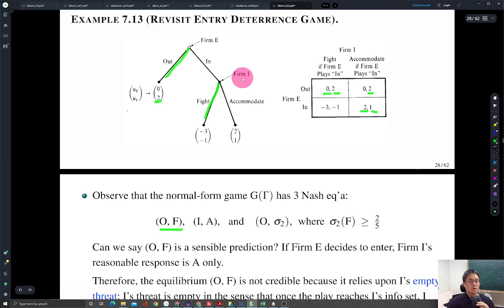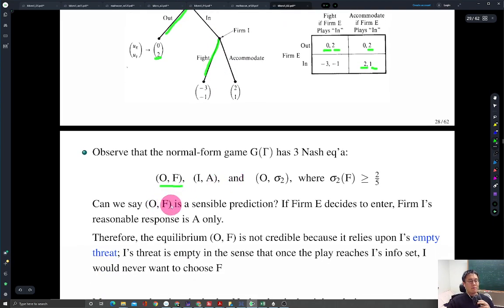But if we observe the entrant enter the market, then now he is willing to revise his strategy from fight to accommodate, because accommodate is the unique best response for the incumbent. So this O and F is a Nash equilibrium because O is a best response to F and F is a best response to O.